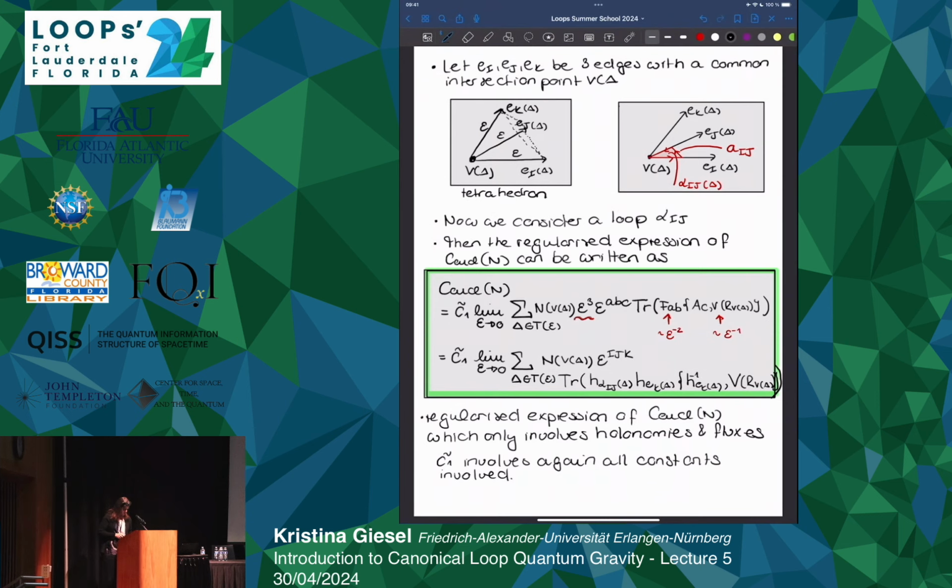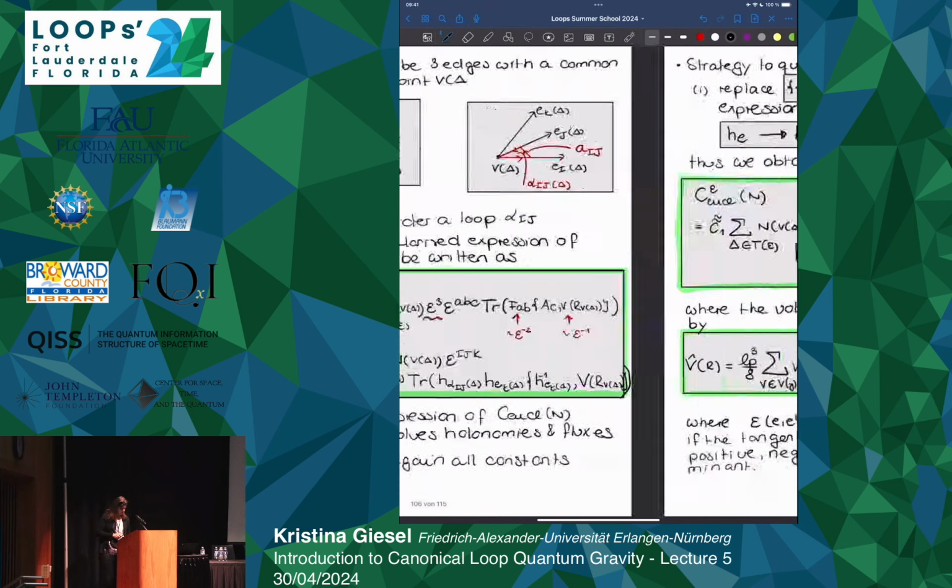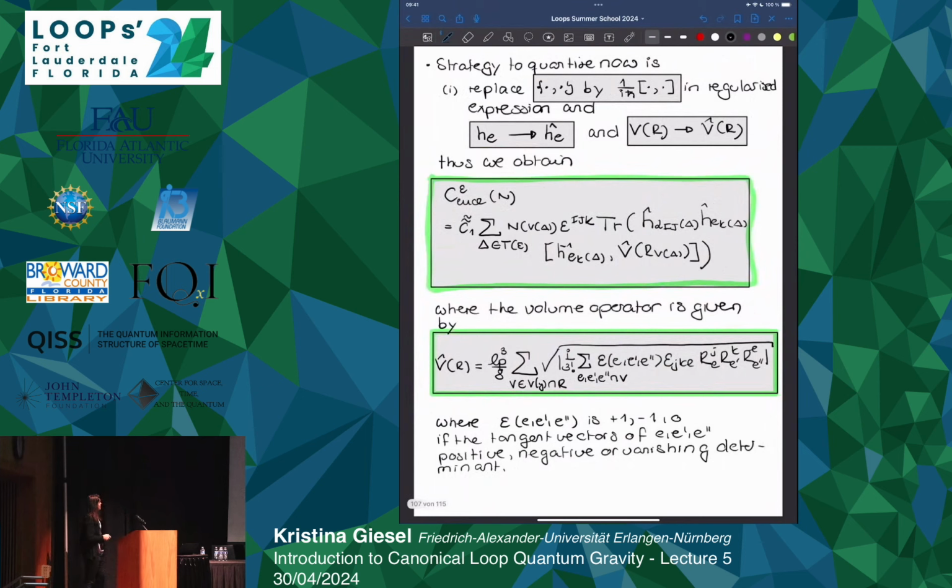Given this regularized expression now, we can quantize it because we know holonomy operators exist, the volume operator exists, and we can replace the involved Poisson brackets by 1 over h bar times the commutator. If we do this, we get this expression here, which, if I don't take the limit of the regulator, or of the fineness of the triangulation, to 0, is still a regularized expression.